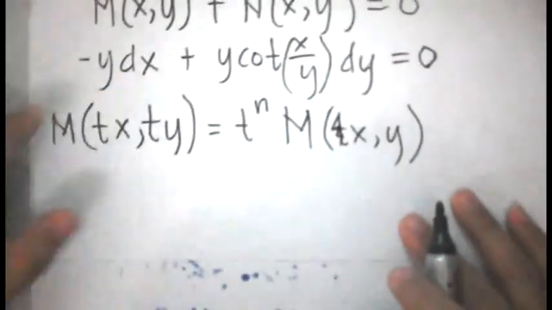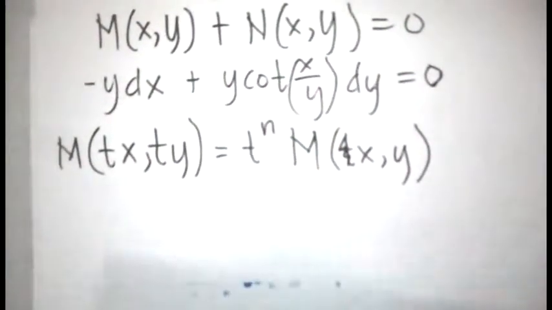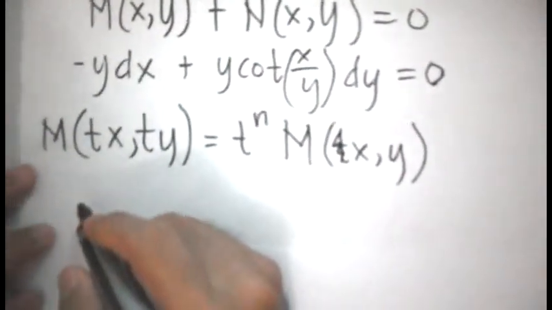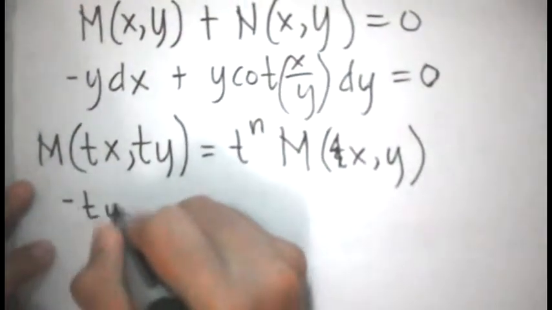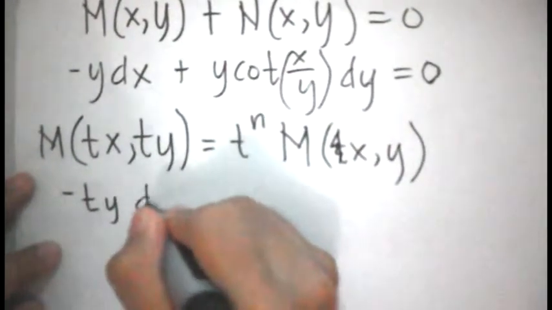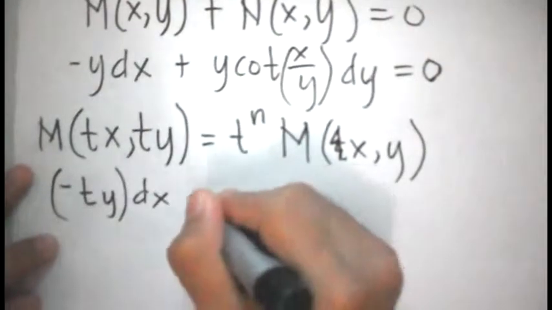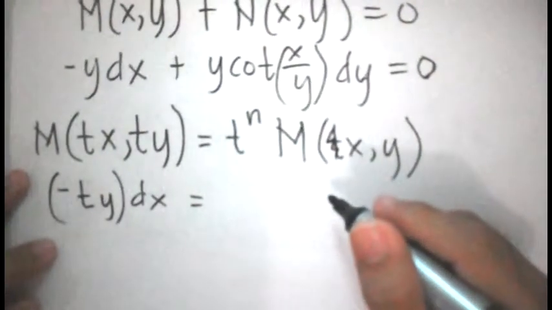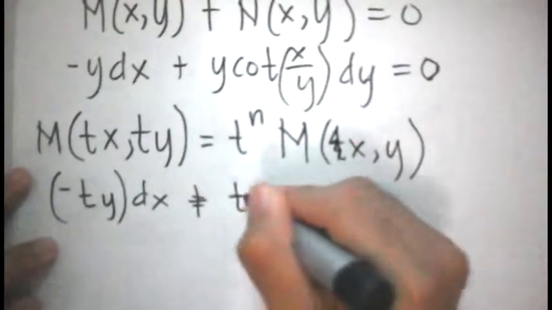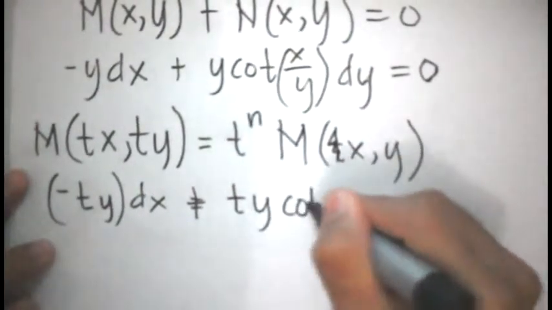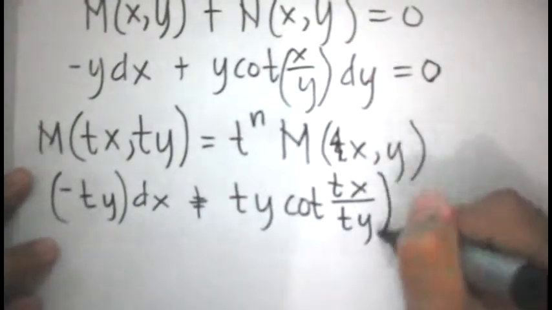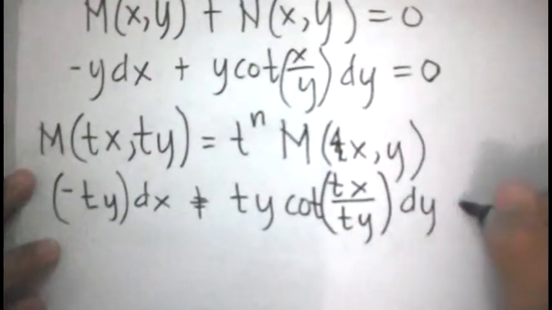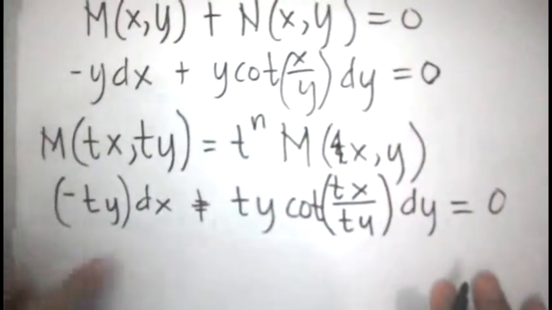Now we put t in the equation, so we have negative ty dx plus ty cot(tx/ty) dy equals 0.